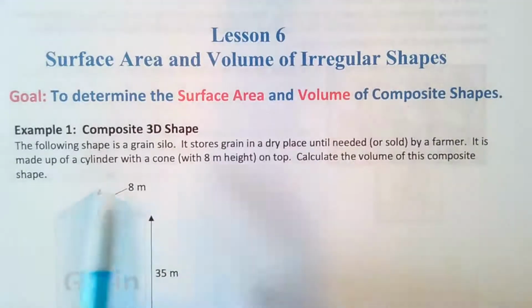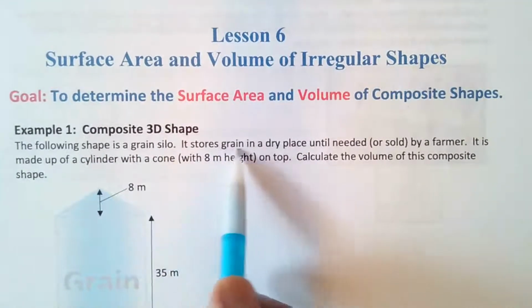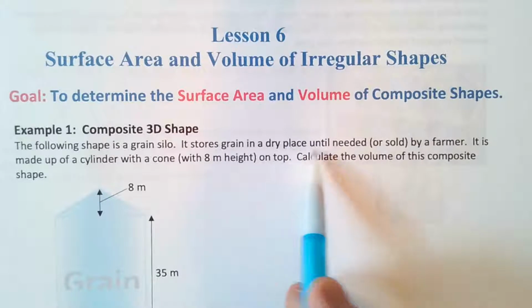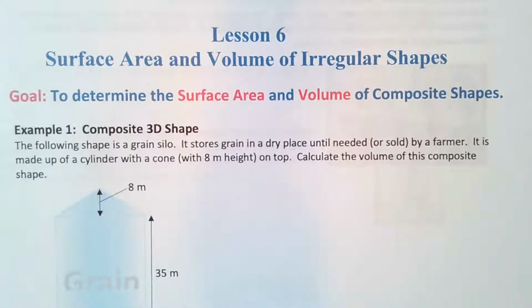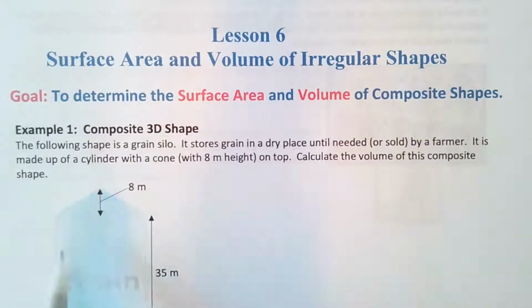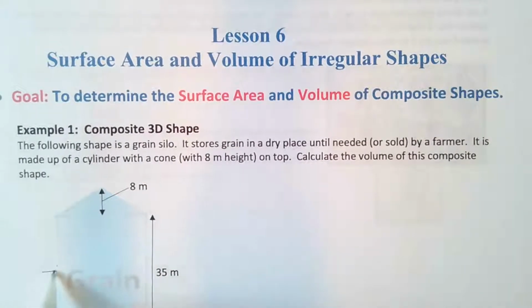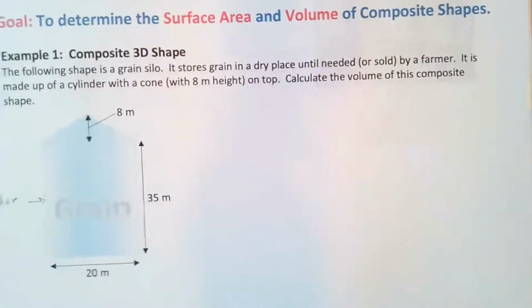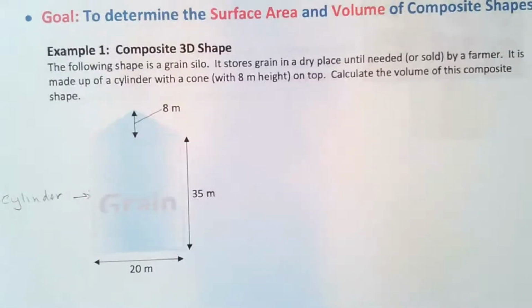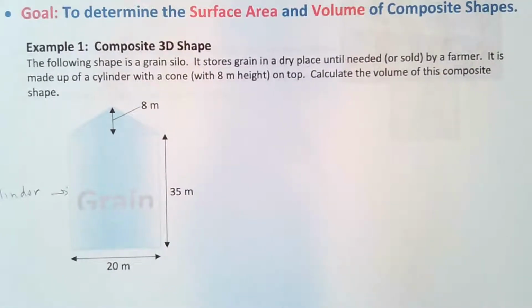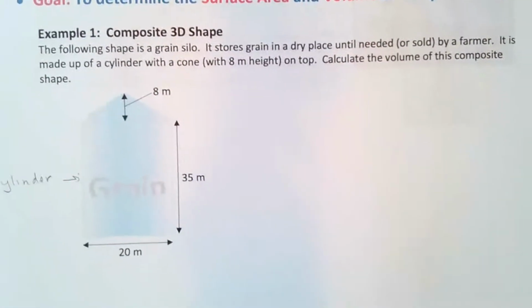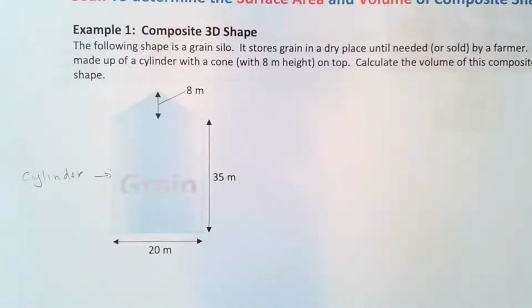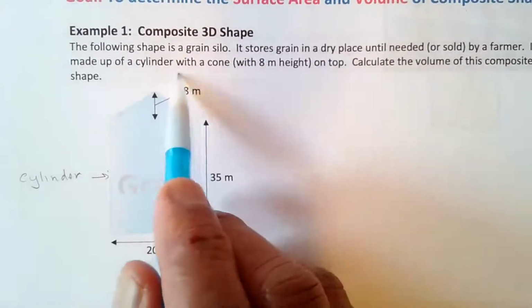So it asks us here, the following shape is a grain silo. It stores grain in a dry place until needed or sold by a farmer. It is made up of a cylinder, so this is our cylinder here, and a cone.